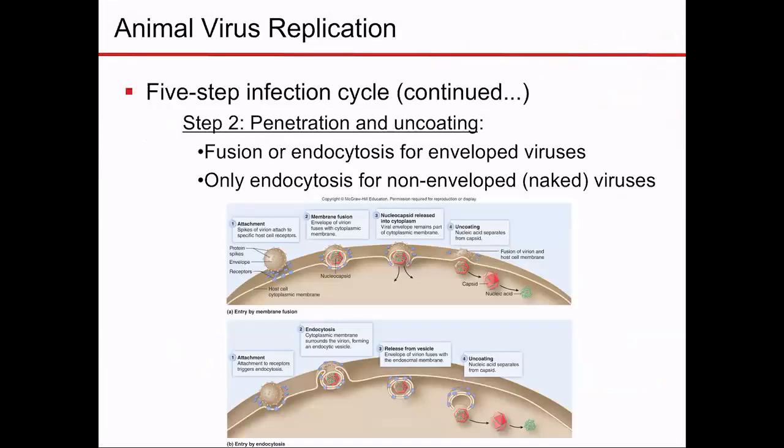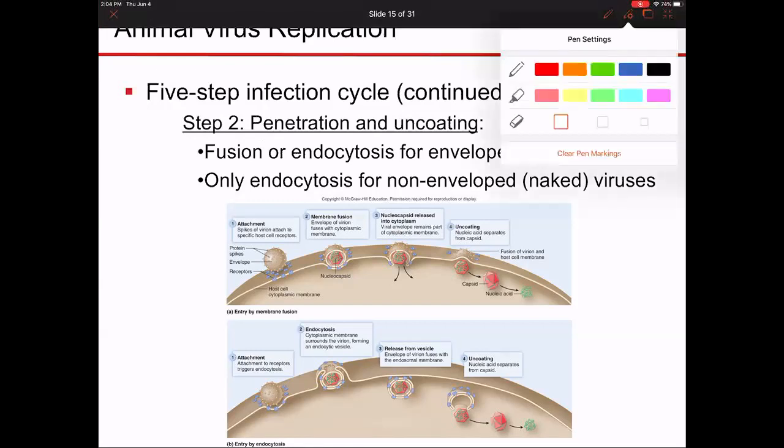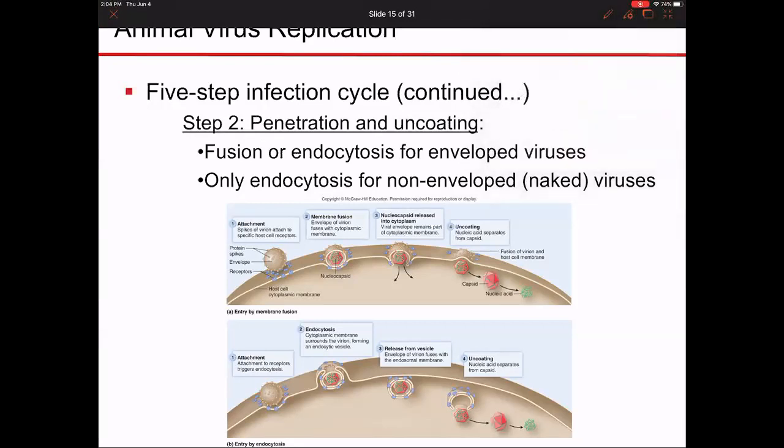So after that attachment happens, the next step will be entry, similar to what we saw in bacteriophages, right? And that process of entry can be divided into penetration and uncoating. Depending on the structure of the virus, that will determine the strategy used to enter that cell.